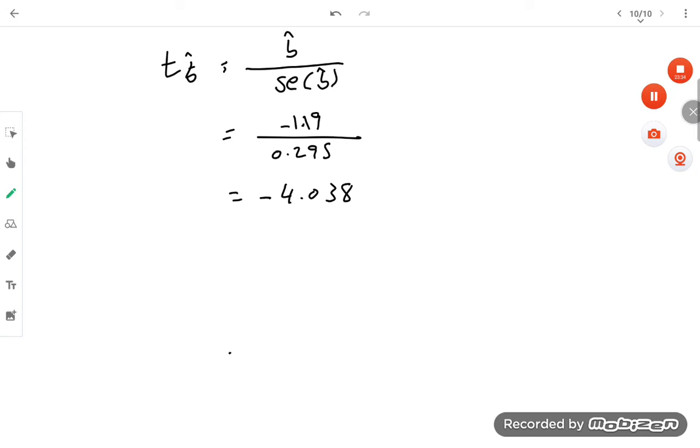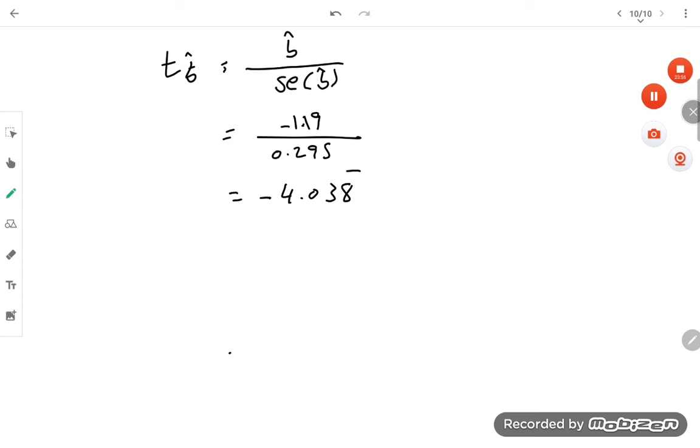We have to compare the value of t calculated with t tabulated. Or for simplicity, right now, we are going to assume any value greater than 2 to be significant. The absolute value, as the negative sign stands for the negative relationship. So this is 4, which is greater than 2.